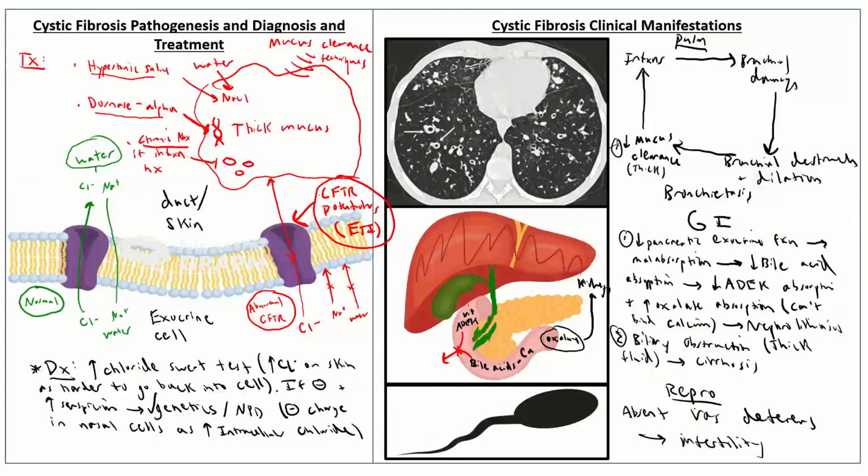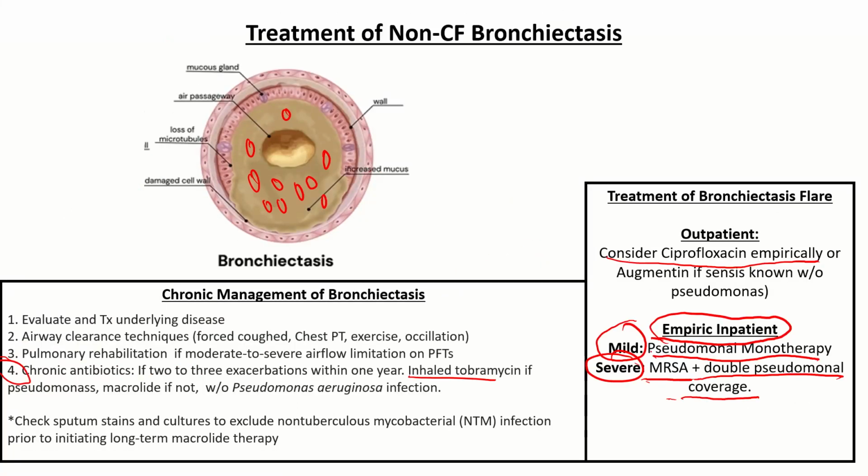And last one is here. So this goes over all of your treatment of non-CF bronchiectasis and your treatment of the bronchiectasis flare. Outpatient is Cipro empirically, but inpatient, look at their previous sputums and go from there. If it's mild and they don't have any previous sputums, think about pseudomonal monotherapy.